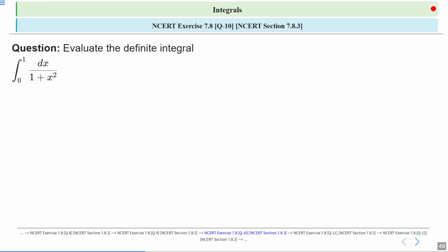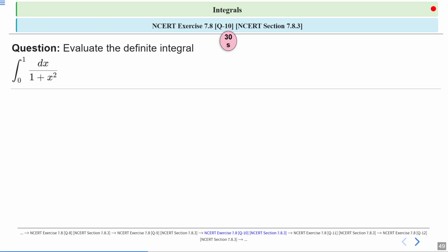So question number 10 is, evaluate the definite integral 0 to 1 dx by 1 plus x square. So at first we calculate the integral of 1 by 1 plus x square, and that is a standard form.